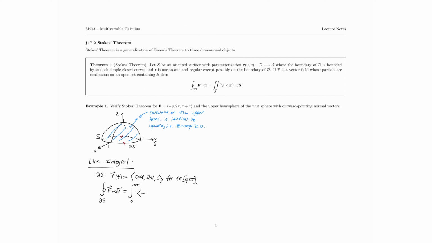So negative y, 2x, x plus z, dotted with the derivative of our parameterization, negative sine t, cosine t, 0, dt. So we should get sine squared of t plus 2 cosine squared t dt.